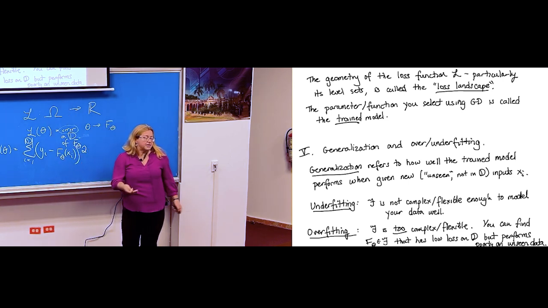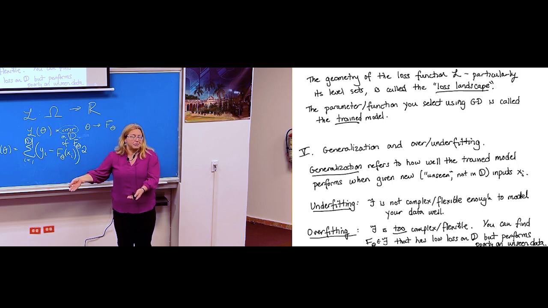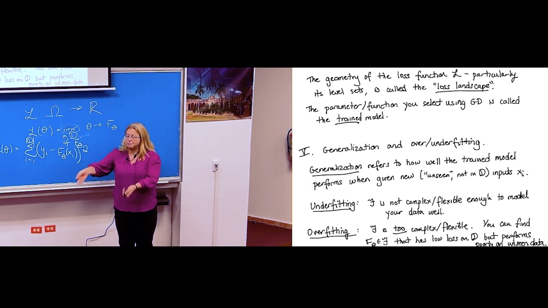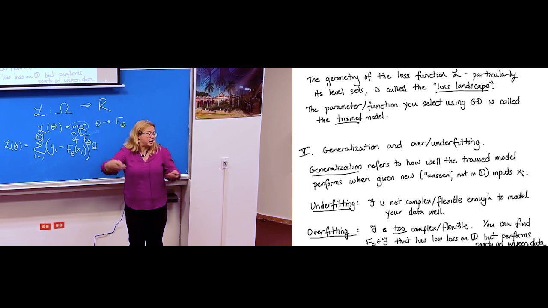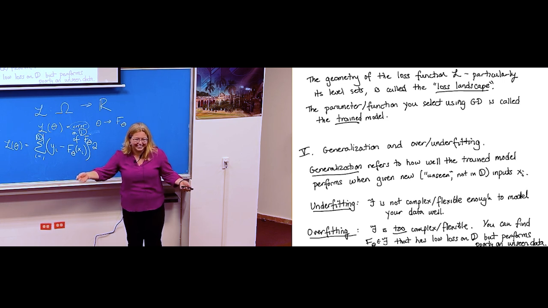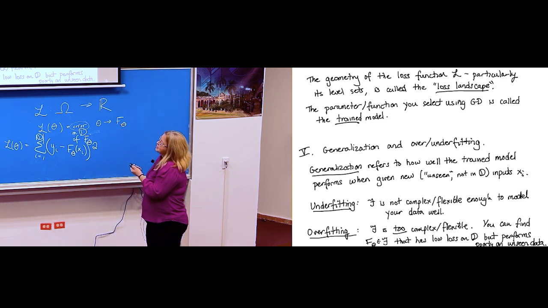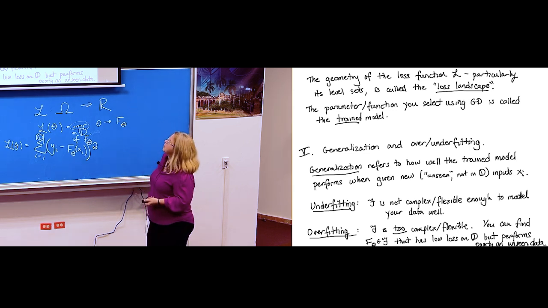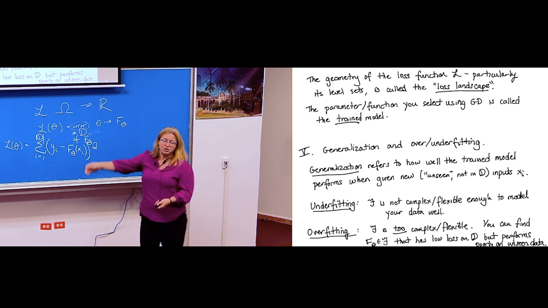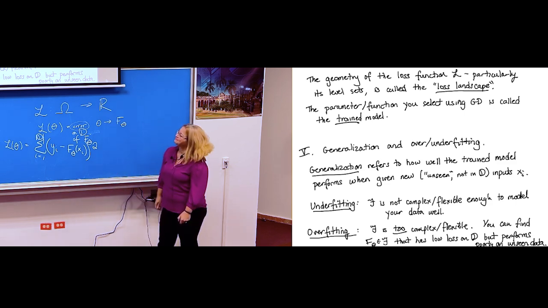The hope is that when you give it a new data point that it hasn't used in training, it will output something useful. That's called generalization. It describes how well your trained model does when you give it new data points.